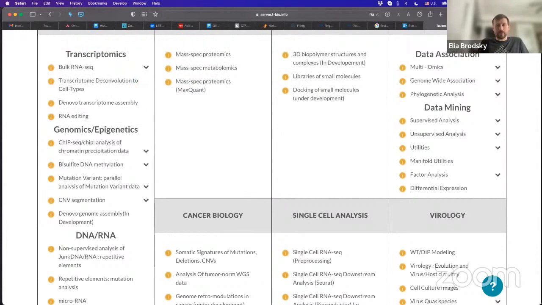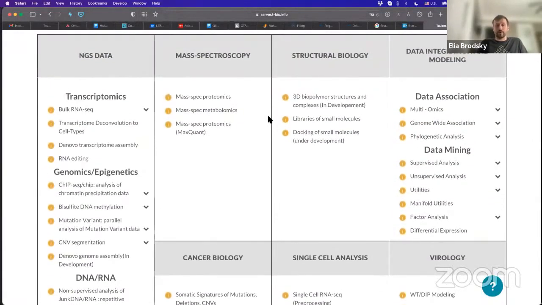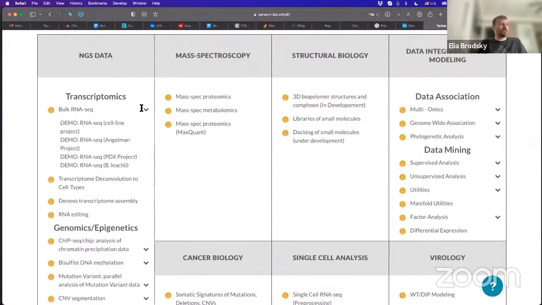And this pipeline builder can be found as a demo based on a previously analyzed data set or a project, a demo project. So the way you would go into a demo is you would click on this dropdown, and then in one of these, you will find a preloaded data set with a prepared step-by-step pipeline builder tutorial that results in an understanding of inputs and outputs of each one of the steps.